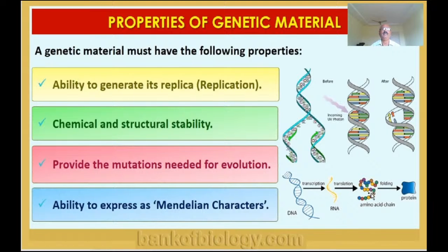So, ability to generate its replica, that is replication, chemical and structural stability, provide the mutations needed for evolution, ability to express as Mendelian characters. Here Mendelian characters means transmission of characters from one generation to another generation.